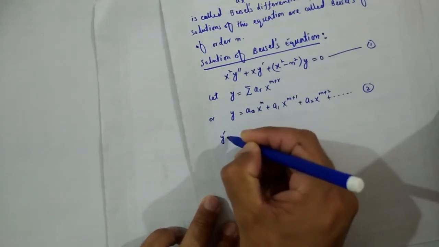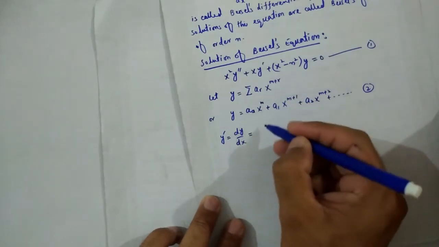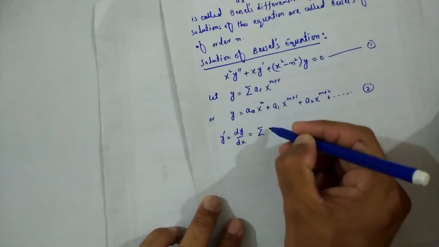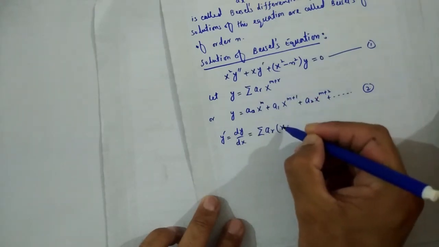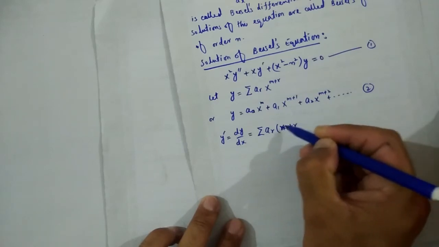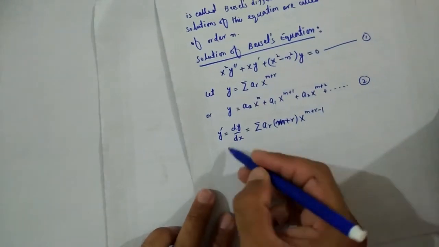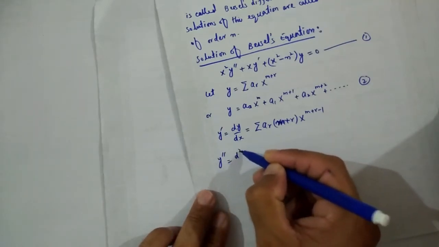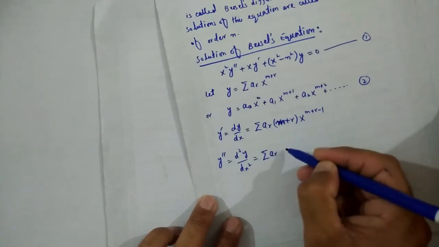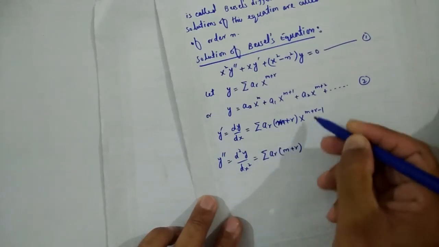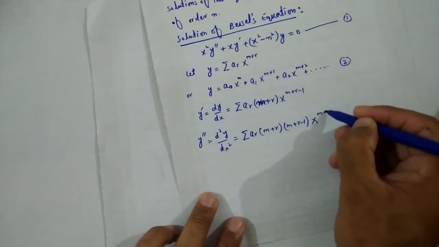So we will get y prime or dy upon dx equal to summation AR into m plus r into x to the power m plus r minus 1, and again differentiating, d square y upon dx square will be equal to summation AR times m plus r into m plus r minus 1 into x to the power m plus r minus 2.